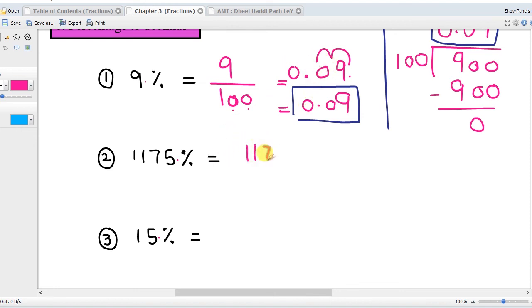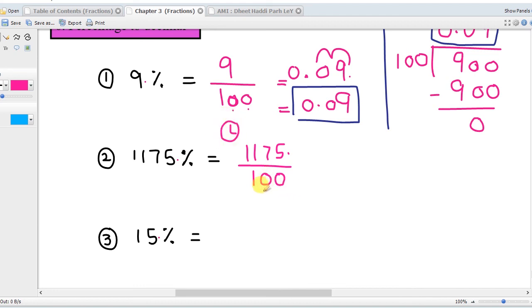So this is 1175 or 11.75... 1175%. Per means divide and cent means 100. Now right now the decimal point is over here by default, so we have to move the decimal point left or right. Since the numbers are dividing, I have to move the decimal point towards the left side.